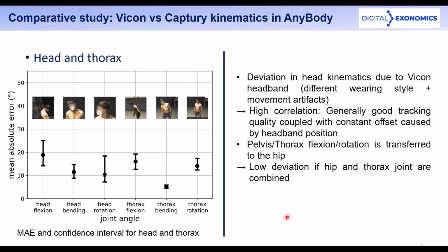This means that if we compare the overall flexion between the trunk and the lower extremity, it's actually quite good. But if we look at how this flexion is distributed along all the joints in between, we can see that this distribution is not quite right for the markerless system, and there is too much motion in the hip joint and too little motion in the lumbar spine.